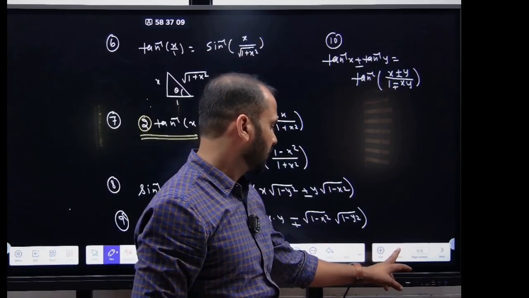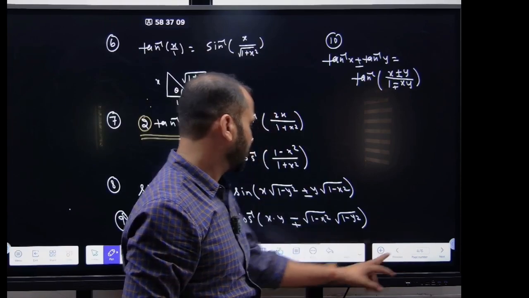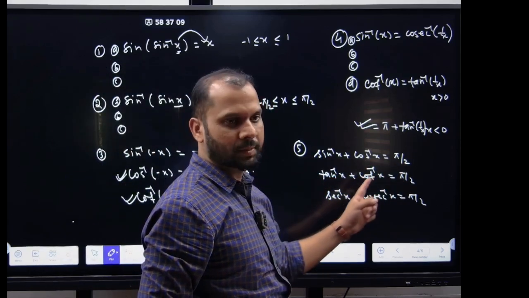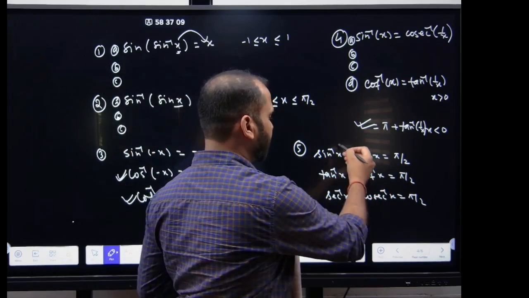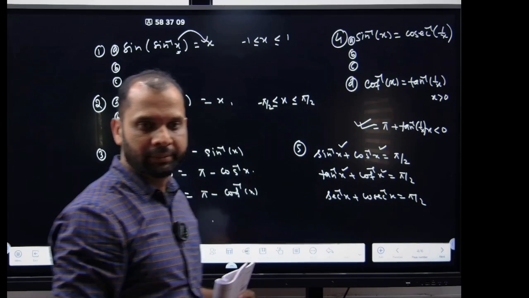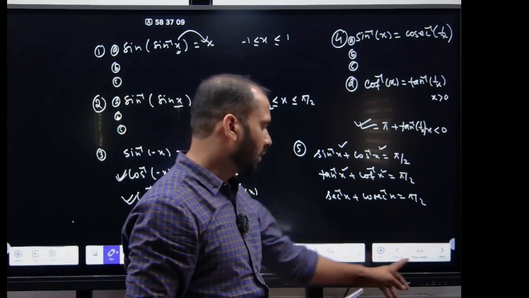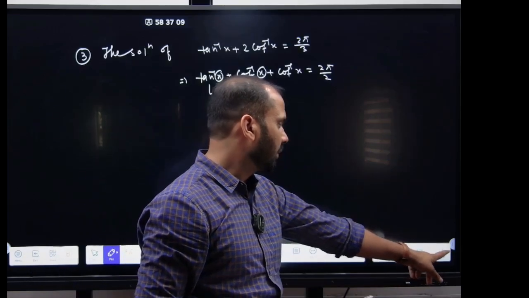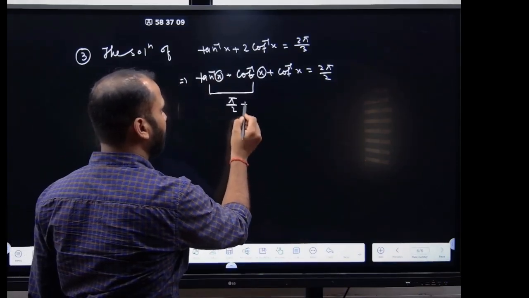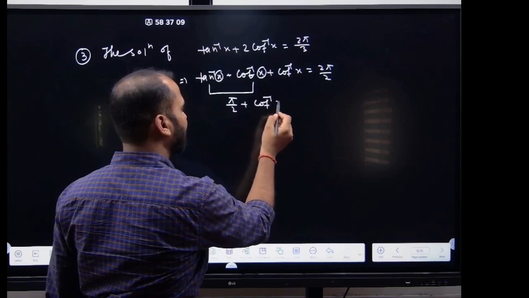Just now I wrote, just see here, sin inverse x plus cos inverse x is pi by 2. If the angle is the same, pi by 2. So here also the angle is the same, so pi by 2. Yes, because we want to eliminate x, right? So how will you be able to eliminate? Yes, this I can write, this is nothing but pi by 2 plus cot inverse x. Can I write like this?